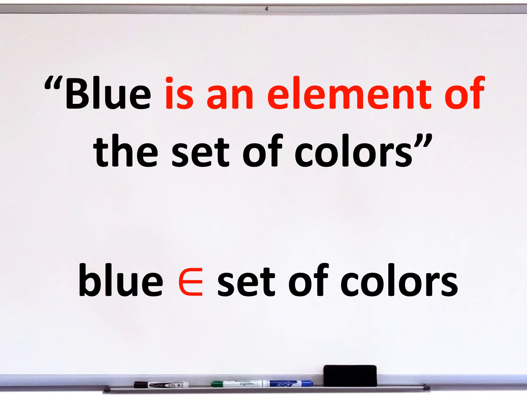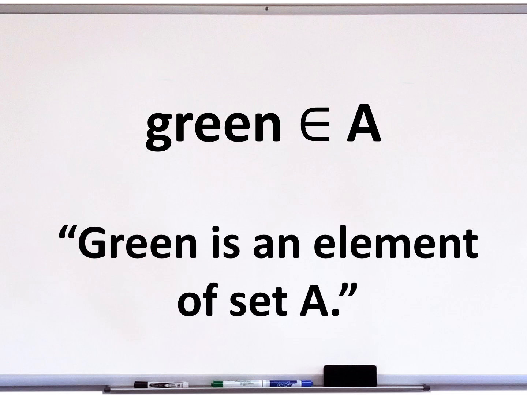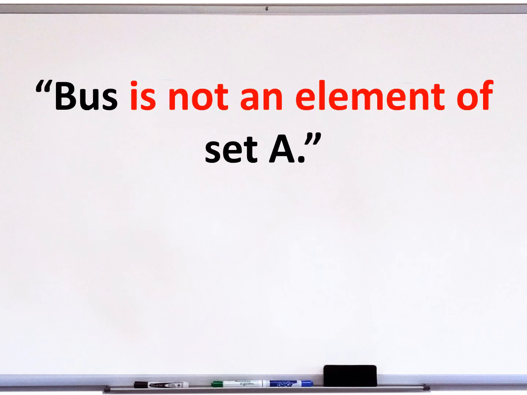Take note that the phrase "is an element of" is being represented by this mathematical symbol ∈. What if you are given this mathematical statement? As you can see, this can be read as green is an element of set A. The ∈ symbol there is represented by the phrase "is an element of."